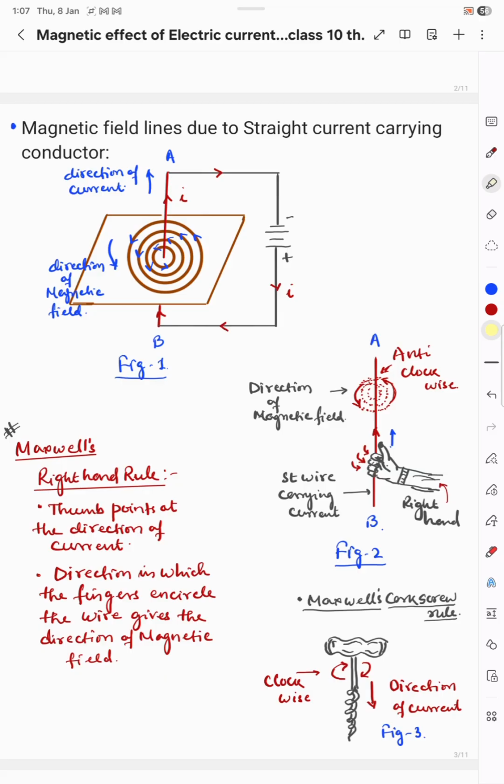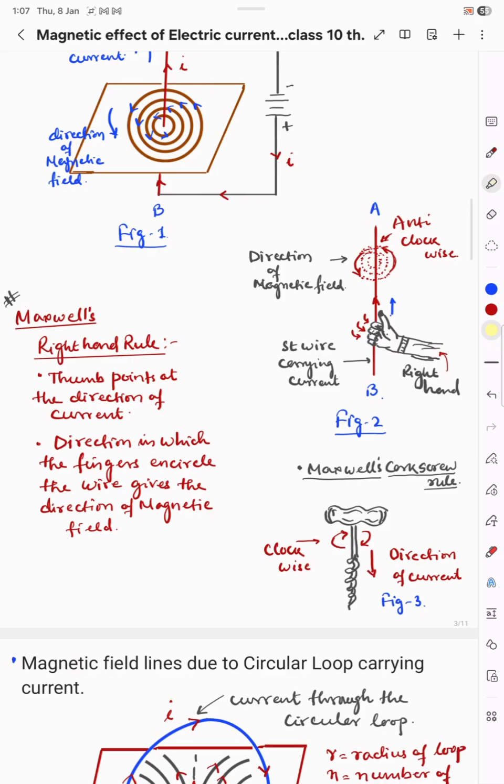Then the other fingers show you the direction of the magnetic field which is being generated. In this case, when the current is moving upwards, the direction of the magnetic field is anti-clockwise. So the direction in which the fingers encircle the wire gives us the direction of the magnetic field. The same thing can be understood by the Maxwell corkscrew rule.